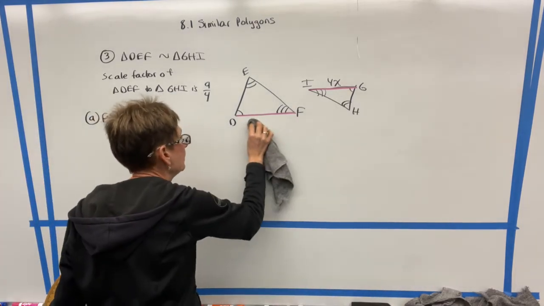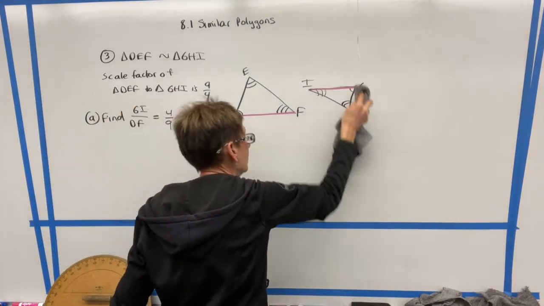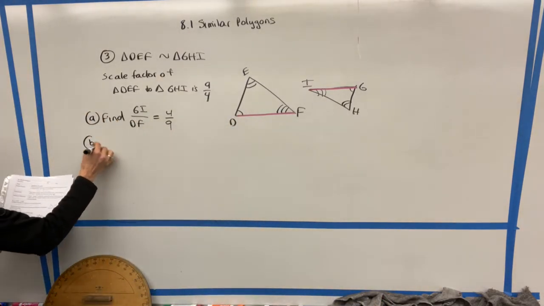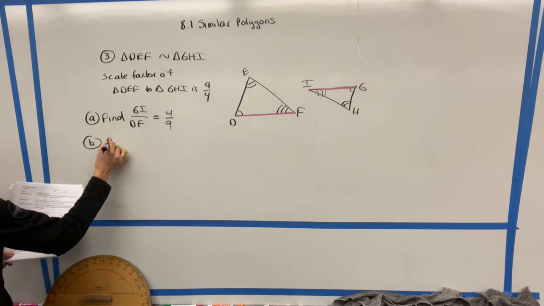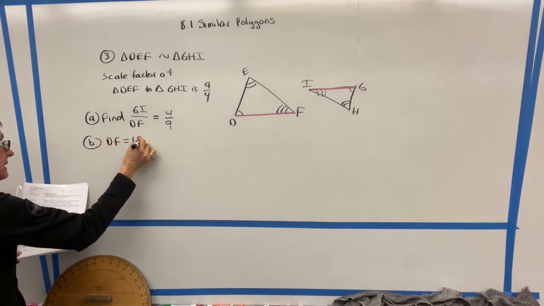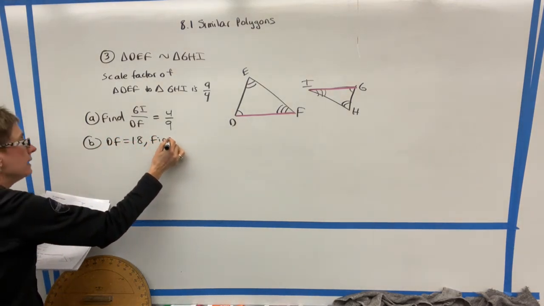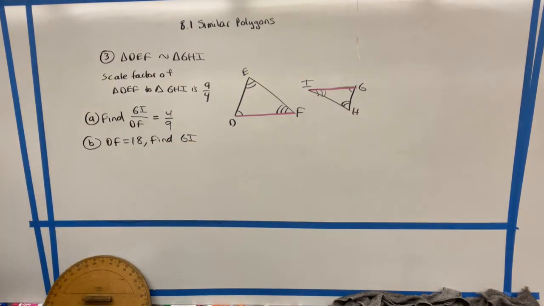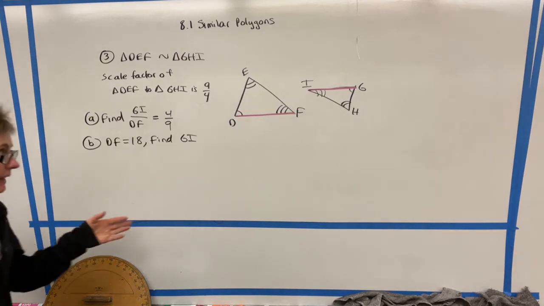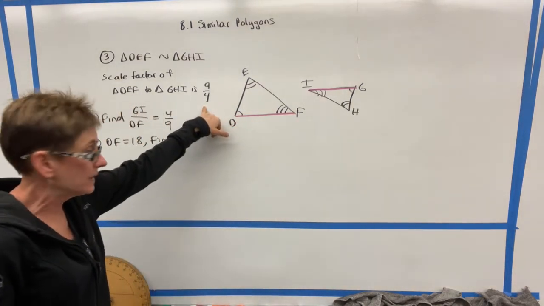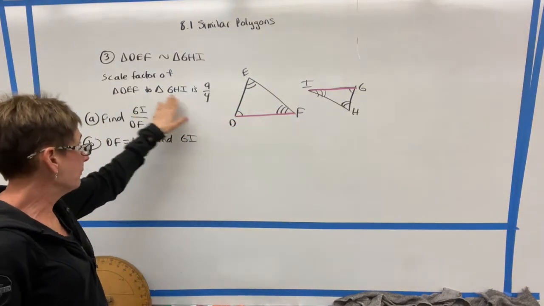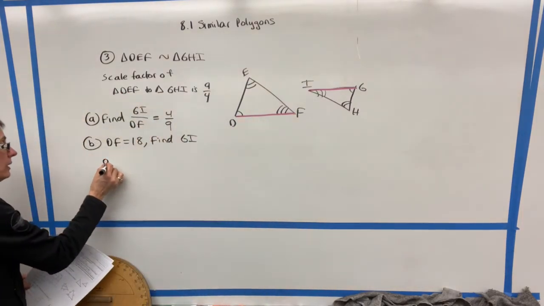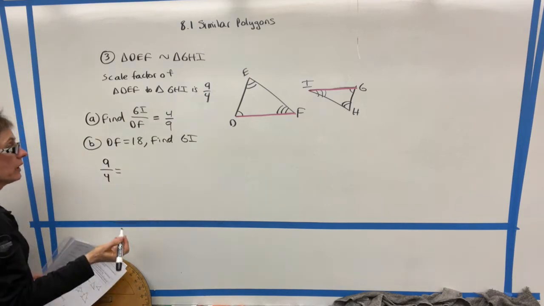All right, now let's look at this a little bit further. For part B of the question, it says if DF is equal to 18, find GI. Now we can either go from left to right or right to left. I usually like to go from left to right, so let's use this number here. Going from left to right, we've got 9:4. So I know left to right is 9/4.